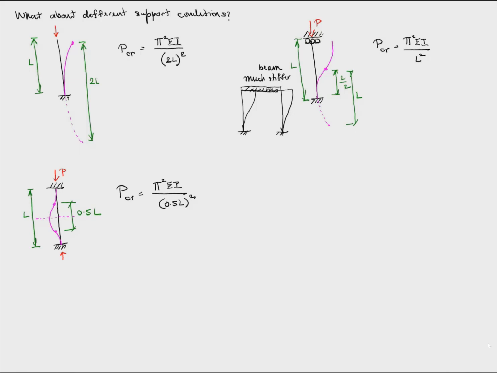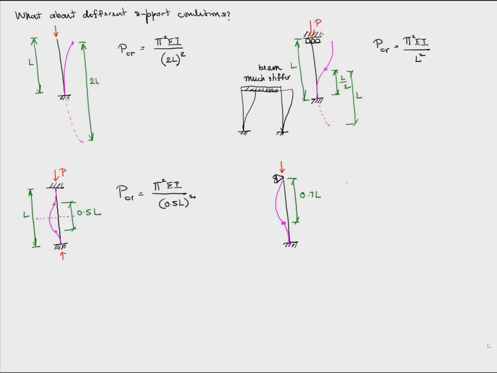Now let's look at a column which is fixed at the base but pinned at the top. If we look at the buckled shape, it's got to look like this, and the point of zero moment must occur somewhere over here, and the length between points of zero moment, or the length that looks like a simple pin-pin column, is somewhere in between L and 0.5 L. It turns out that it's 0.7 L if we did a full-fledged analysis.